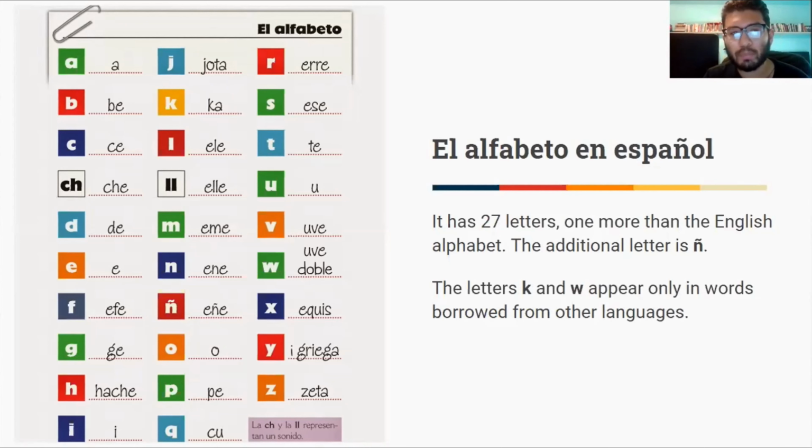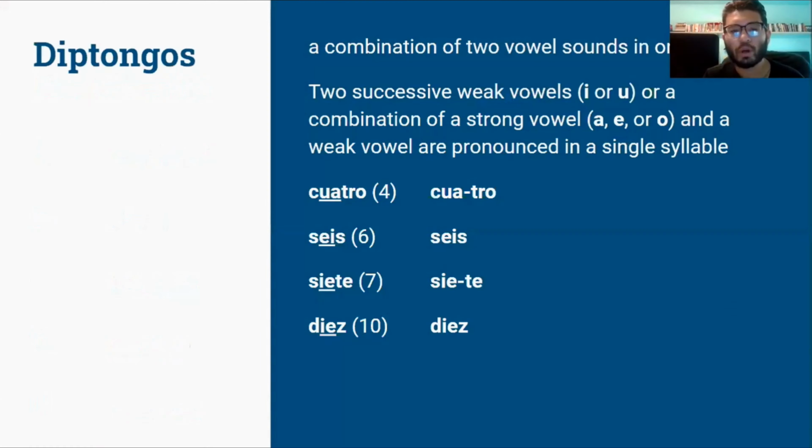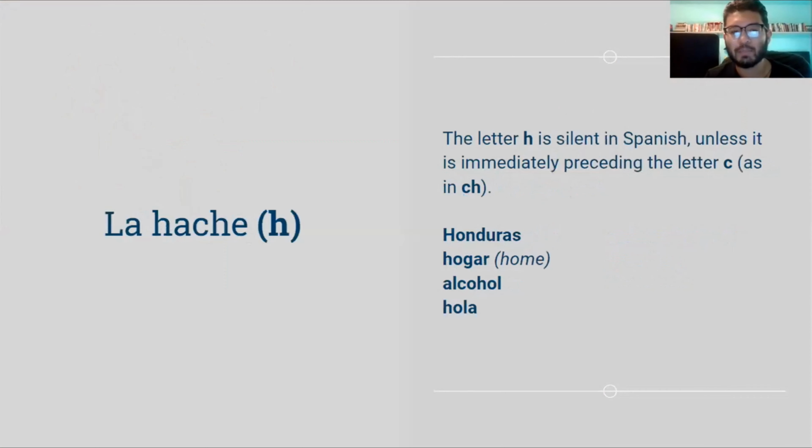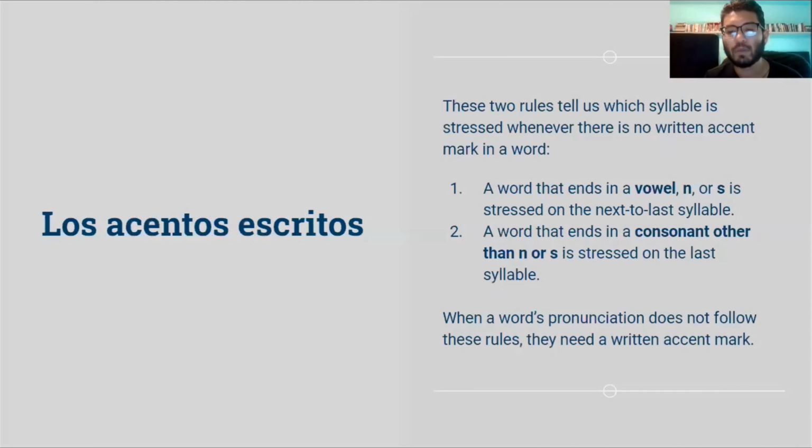Muy bien. So, moving beyond the pronunciation of specific letters and the sounds that they produce, it's also worth noting another aspect of Spanish that we do not see in English, and that is written accent marks. An accent is just an emphasis of a syllable within a word.